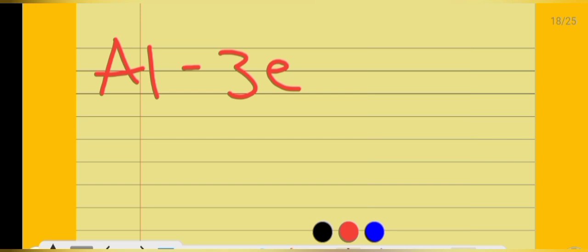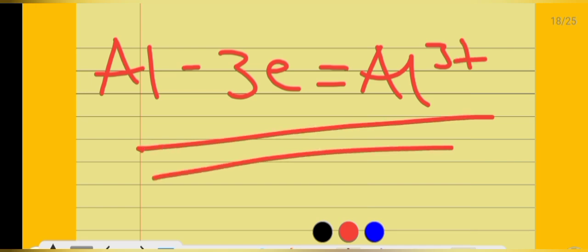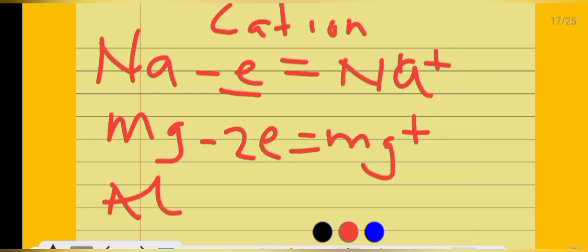For aluminium, we said it forms a trivalent cation. So aluminium minus 3 electrons, and we have aluminium as this. This is very important. Flashback.